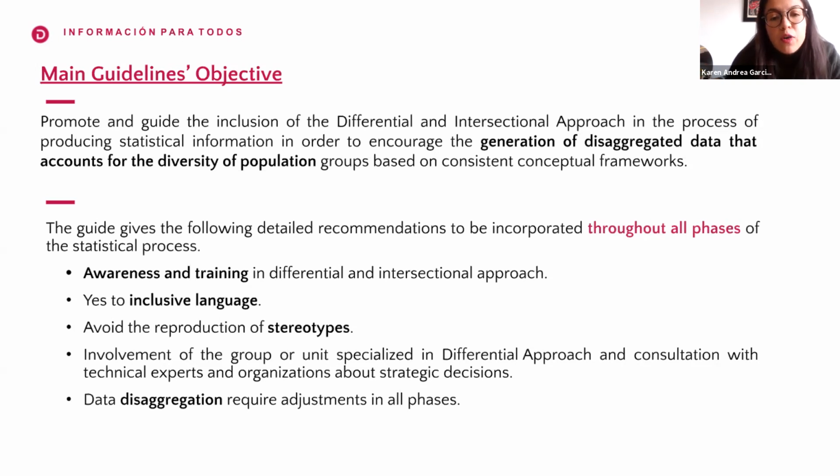Involvement of the group or unit specialized in differential approaches or the persons that are in charge of the topics, in order to allow for synergies and to use this expertise. And to take into account that data disaggregation is not just about presenting tables with available information, but it requires adjustments in all the phases of the statistical process. Next slide, please.